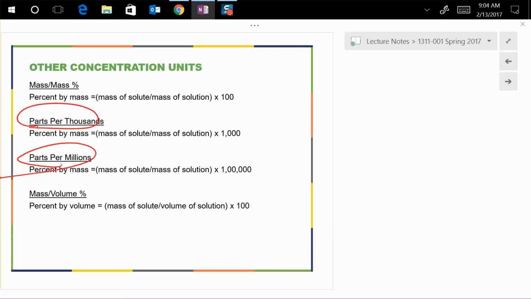It's at very dilute concentrations, and so we would want to portray them in a reasonable way. Instead of having a whole bunch of 0.0000%, we make it parts per thousand, parts per million, to portray how dilute that is.